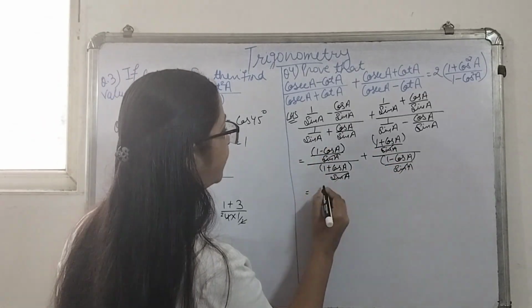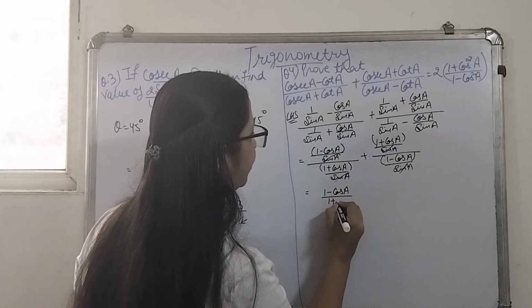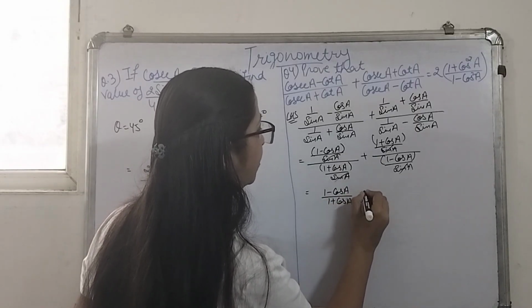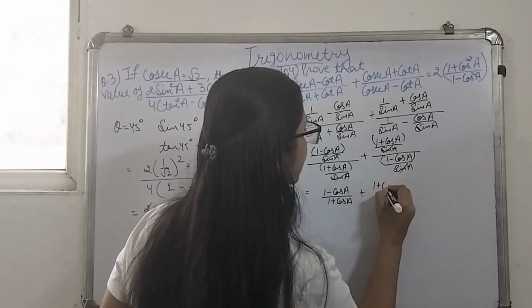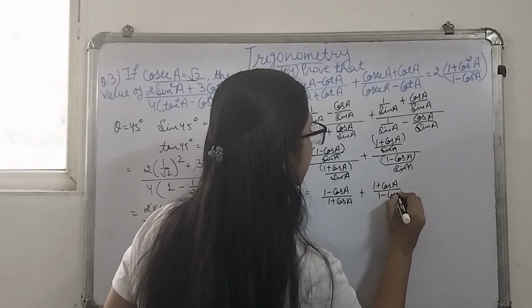This will become 1 minus cos A upon 1 plus cos A plus 1 plus cos A upon 1 minus cos A.